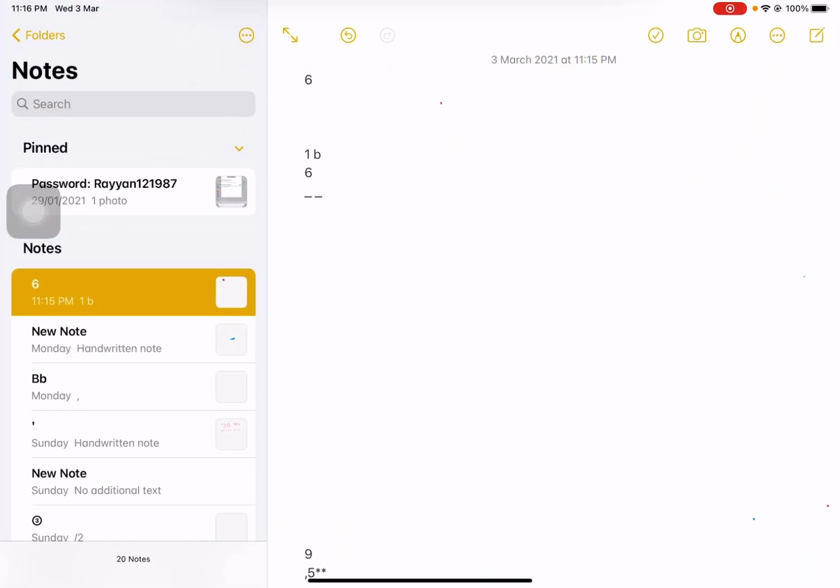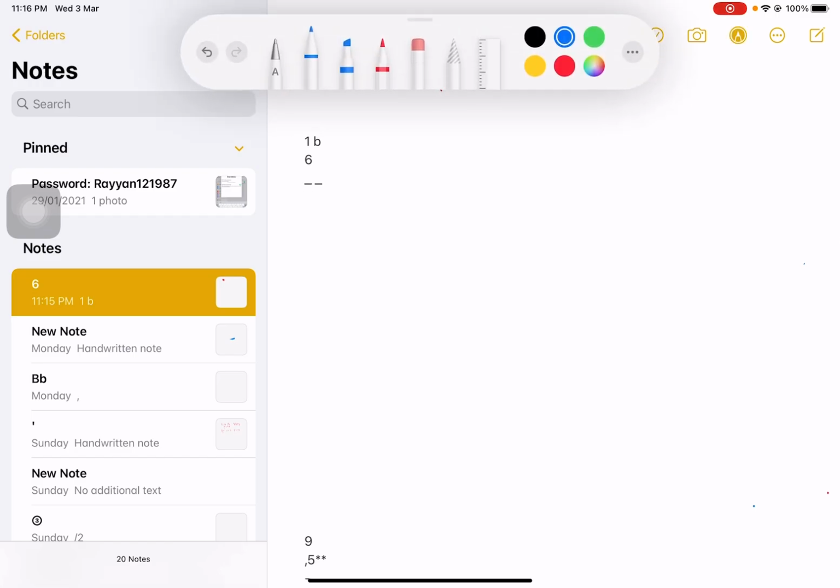You are going to solve question number 1, the total of olive tree, plus, total means plus, orange trees.